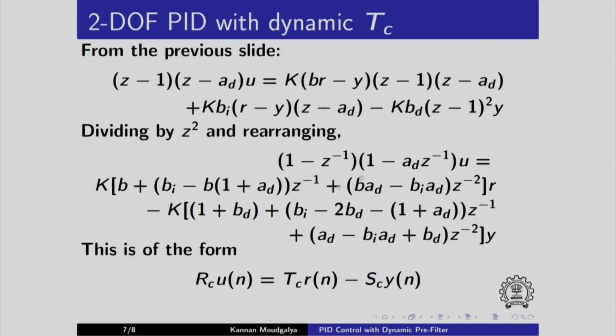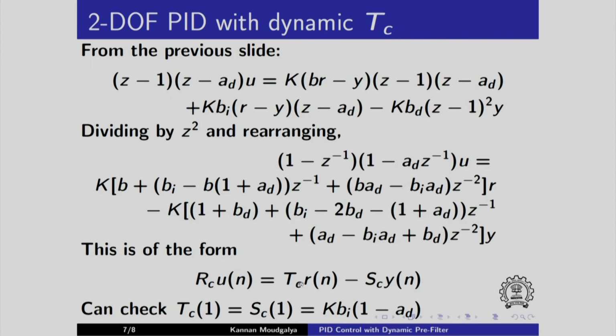Once again, these are the coefficients of z power minus 2, z power minus 1 and the constant term. Once again, this is of the form RC times u of n equals TC times R of n minus SC times y of n. This is our standard 2-DOF form. You can check that TC of 1 equals SC of 1 equals this expression.